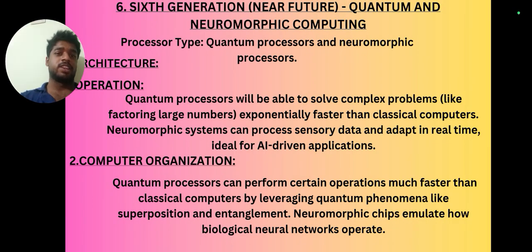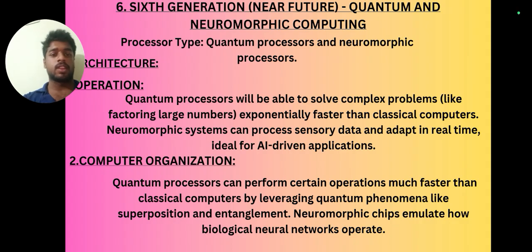And at present, we are in the sixth generation, which consists of quantum processors and neuromorphic processors. Quantum processors will be able to solve complex problems like factoring large numbers exponentially faster than classical computers.